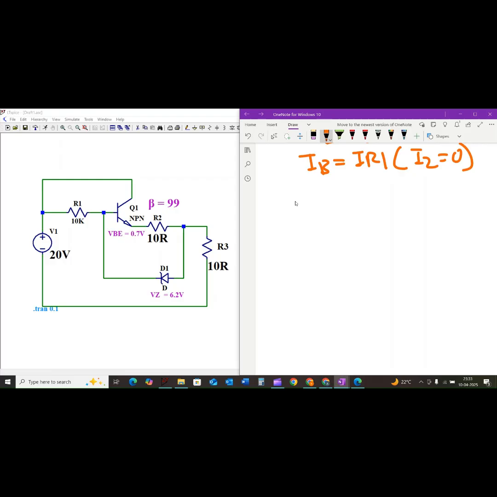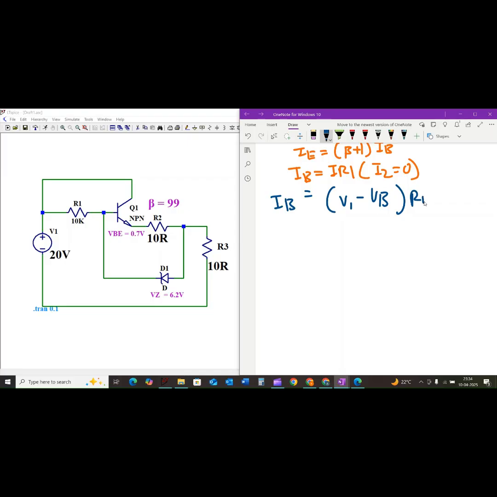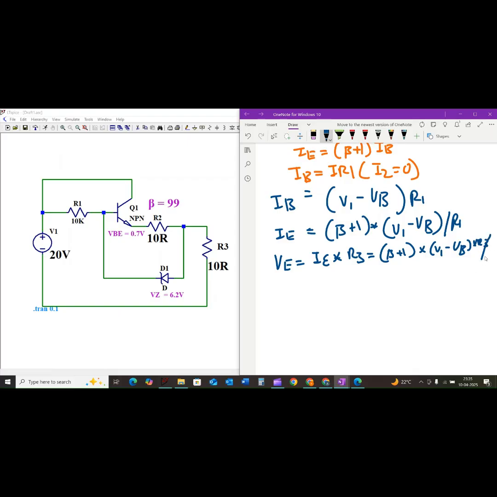Let us substitute and solve for VB. So the current IB is equal to V1 minus VB divided by R1, and IE is equal to beta plus 1 into V1 minus VB divided by R1, so that VE is equal to IE into R3, which is equal to beta plus 1 into V1 minus VB into R3 divided by R1.